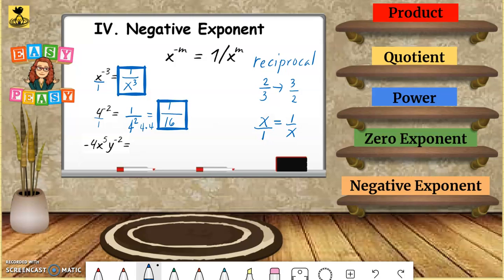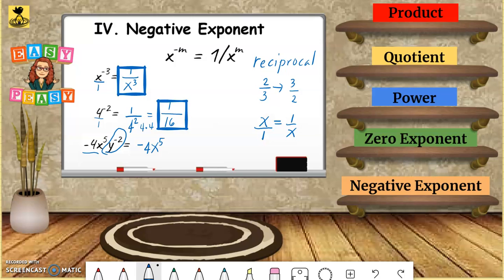Negative 4x raised to the 5th power, y raised to negative 2. Take note, y to the power of negative 2 is the only problem here. The others, like negative 4x to the 5th, there's no problem. We can just simply copy them, negative 4x to the 5th.